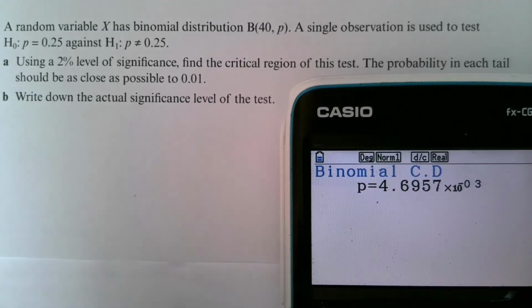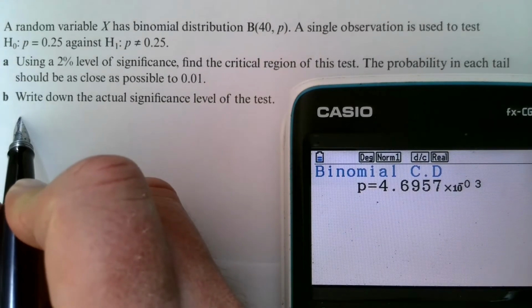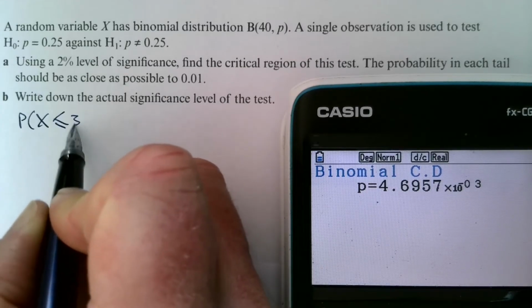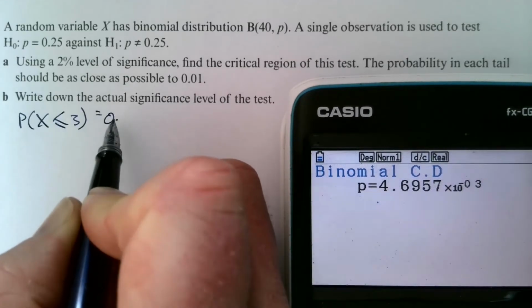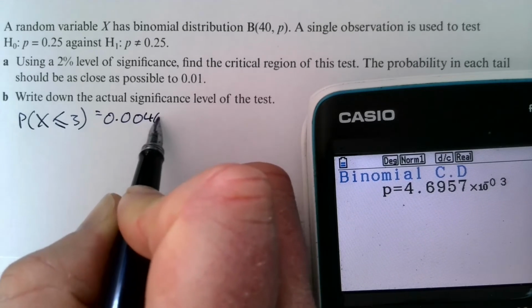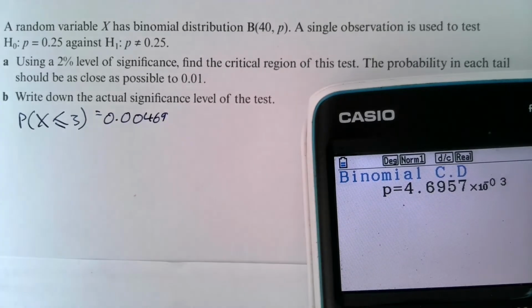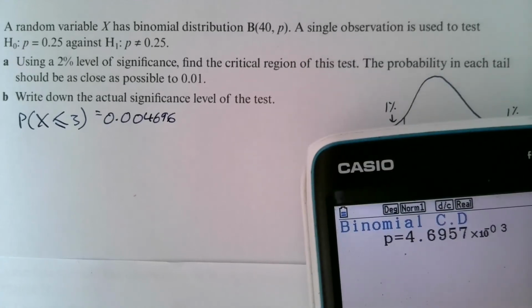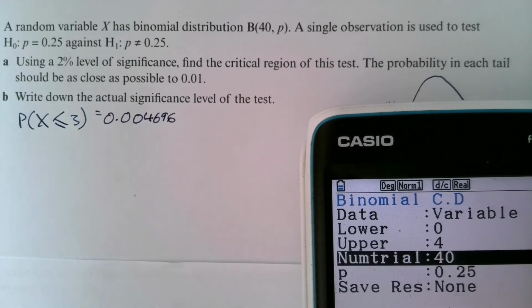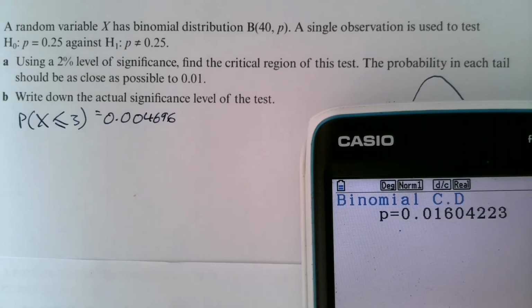Have a look at that, and that was x is less than or equal to 3 is equal to 0.00469. Now that's not too bad a start actually, because we want 0.01, so it's not far away. So I'm just going to up that by 1 to 4 and see what I get, and I get 0.016.